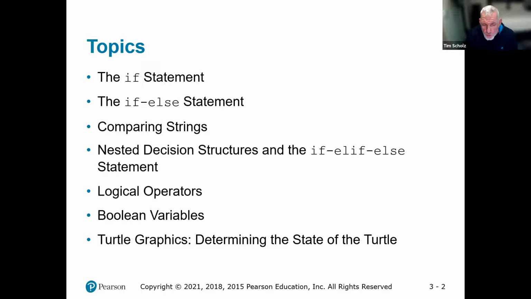And then we're going to talk about comparing strings, because sometimes when you compare strings you expect one result and find out that, because of how strings are compared, you don't get the results you would think you would get.